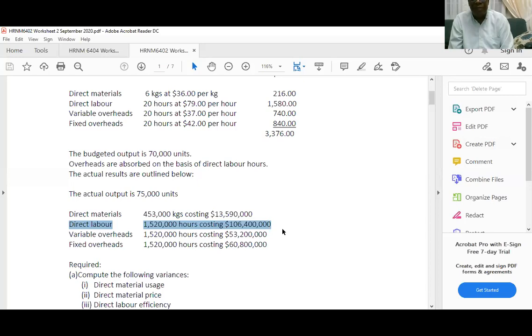But first of all, open brackets, 1,500,000 hours minus 1,520,000 hours. And we automatically know that because we have used more hours, the bottom part is our actual. We have used more hours than planned. We know that it must be favorable.